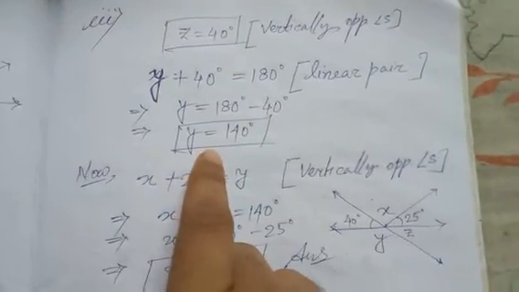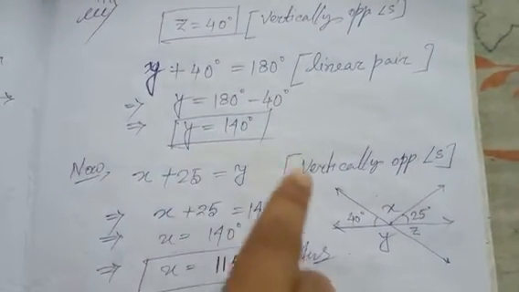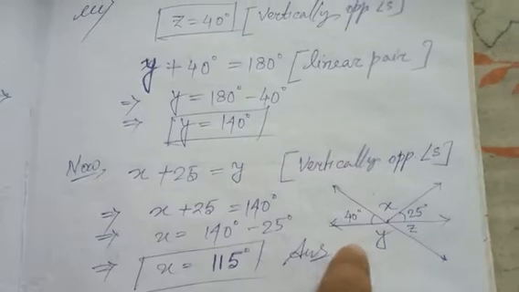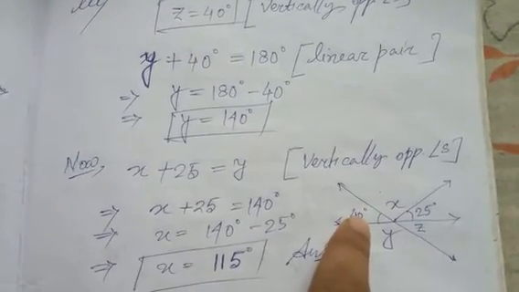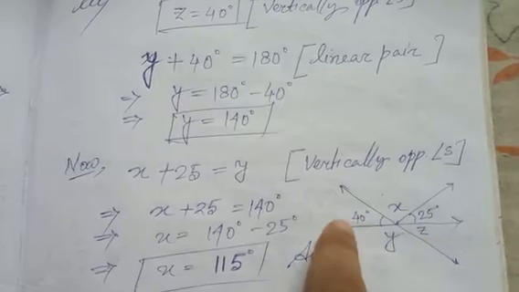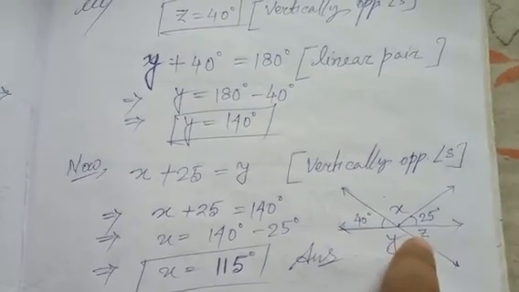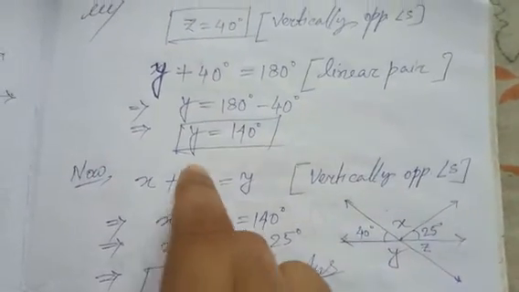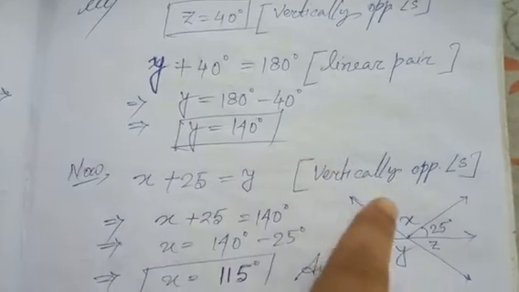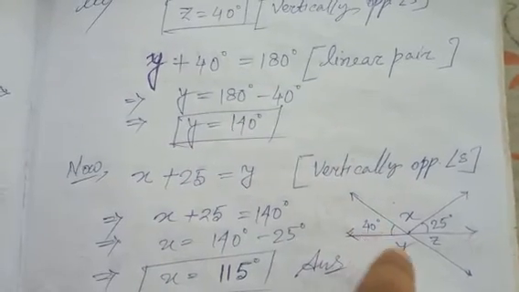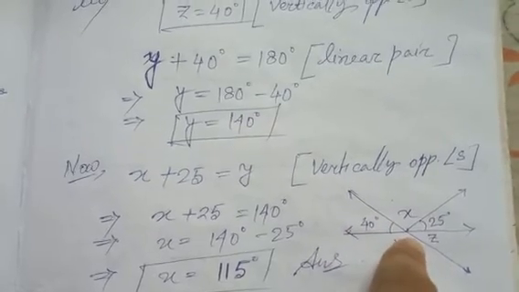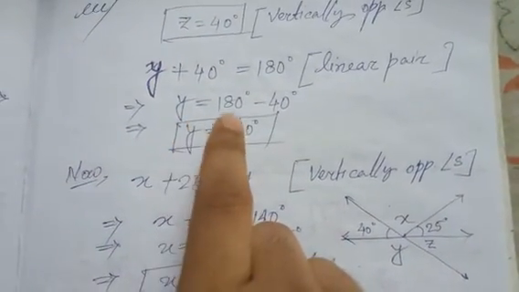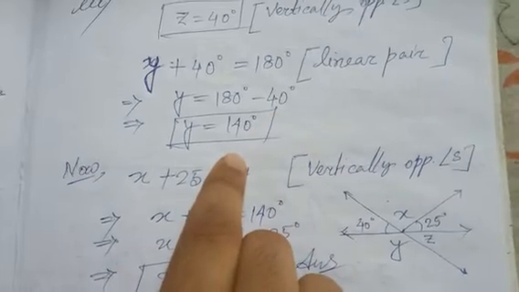Sum number 8.3. Find the value of x, y and z. Z equals 40 here, because these are also vertically opposite angles. Z equals 40 degrees. Next one, y plus 40 is a linear pair. Y plus 40 equals 180. Therefore y equals 180 minus 40, which is 140.